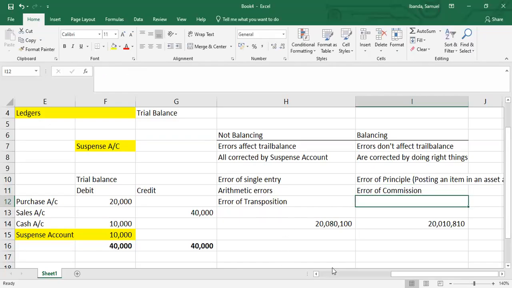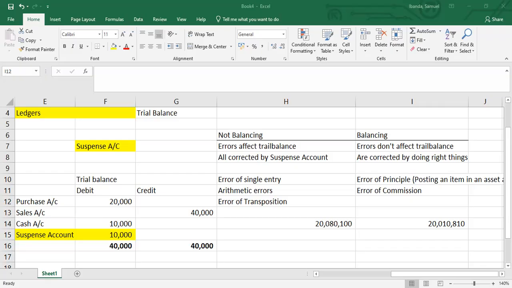Now, what an error of commission basically does is usually to do with names. I usually simplify it in that way. For example, sales to Samuel, you post them into Sam's account, and maybe you have two totally different people. You have a client who is called Sam, and another client who is called Samuel, and these are totally different. But because you mingle them, or maybe one of your accountants cannot distinguish which client is Samuel and which is Sam, you mix up things.